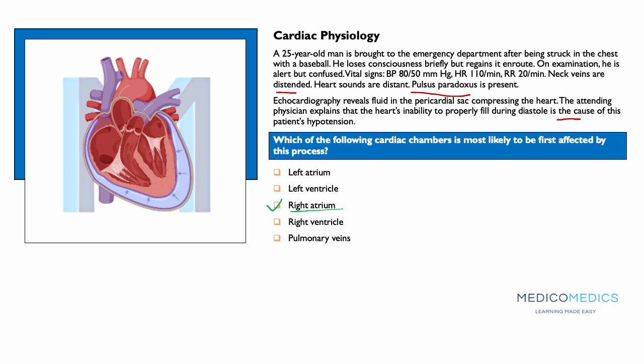Well, the right atrium, seen in the image here, is this one, right? The right atrium has the lowest pressure of all cardiac chambers. So it is first to be compressed when intrapericardial pressure rises. And this is what leads to impaired venous return. You get an elevated jugular venous pressure and decreased preload to both ventricles.